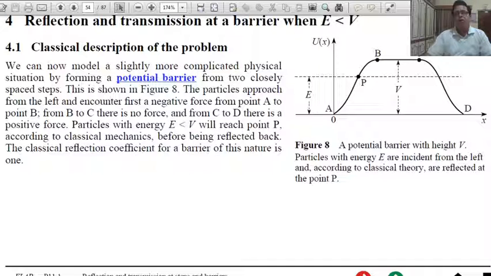The particles approach from the left and encounter first a negative force from a point A, because the step starts from here.